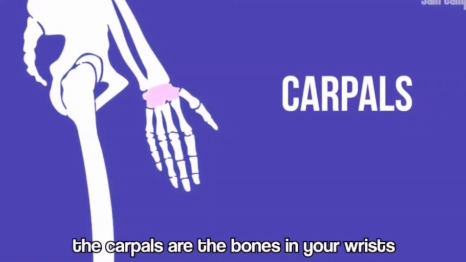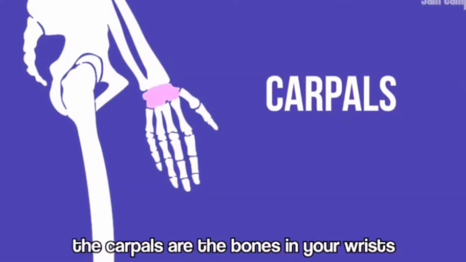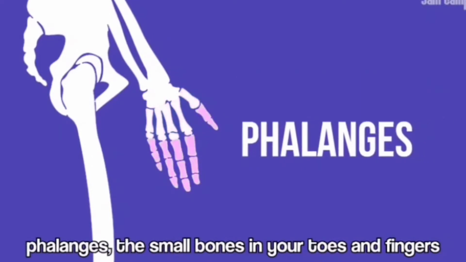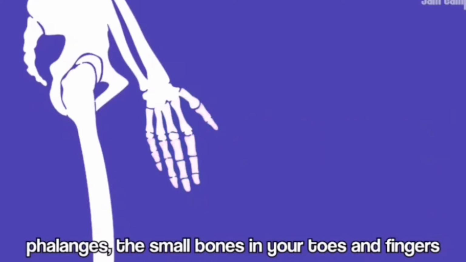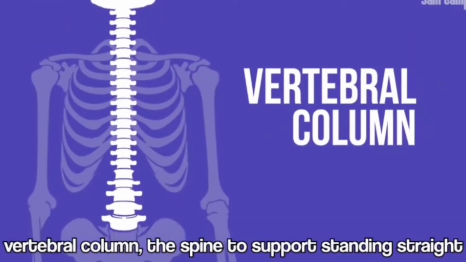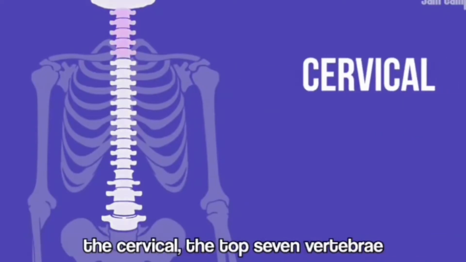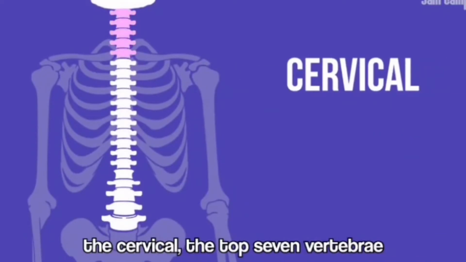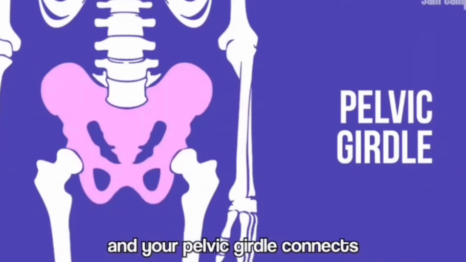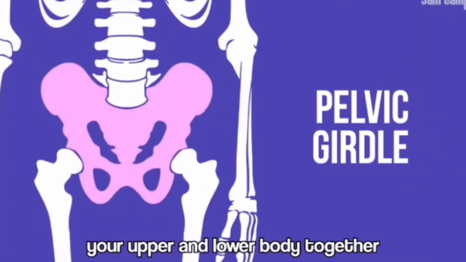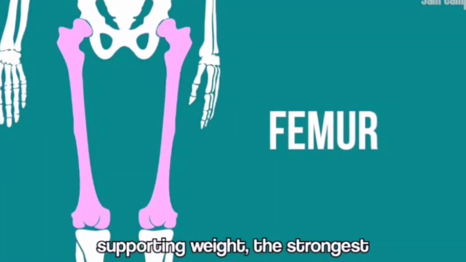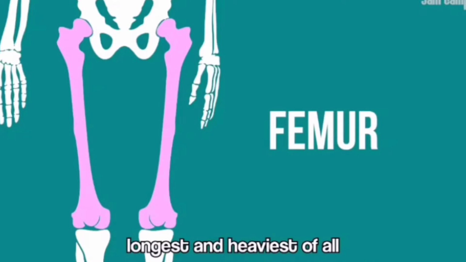How about your hands, the carpals, all the bones in your wrist? The metacarpals are where wrist and fingers connect. Phalanges, the small bones in your toes and your fingers. And in your foot is also the talus and calcaneus. Vertebral column, the spine to support standing straight, the cervical, the top 7 vertebrae, bottom, lumbar, and the thoracic in the middle, and your pelvic girdle connects your upper and lower body together. And femur, your upper leg bone, the strongest, longest, and heaviest of all.